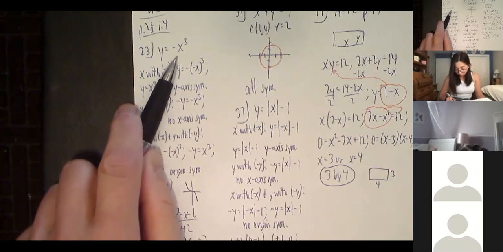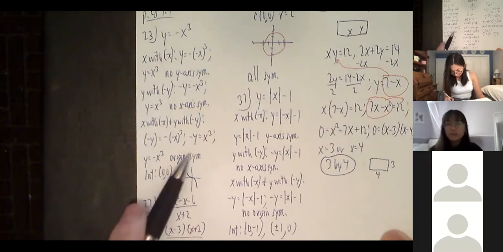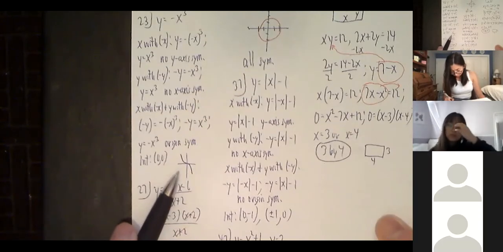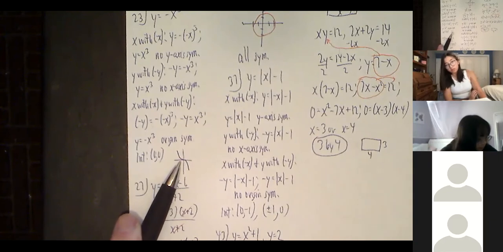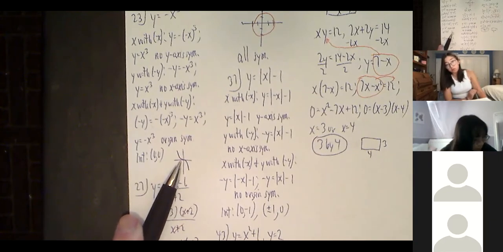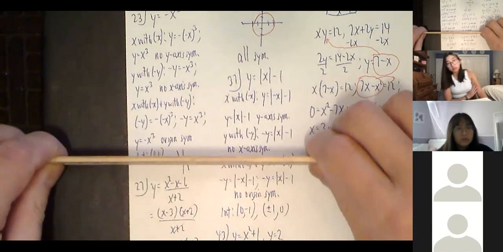Okay, for this one, I'll do what I normally do, but I'm going to digress. This is the graph. If you were to graph negative x cubed, it looks like this. Maybe just ask yourself, do you see what symmetry this might have? This graph right here has origin symmetry. It does not have symmetry with respect to the x-axis.